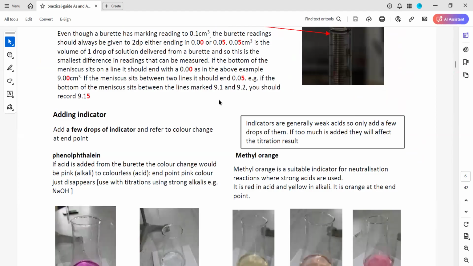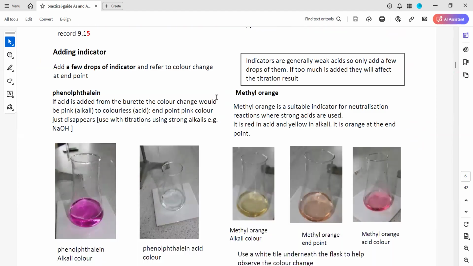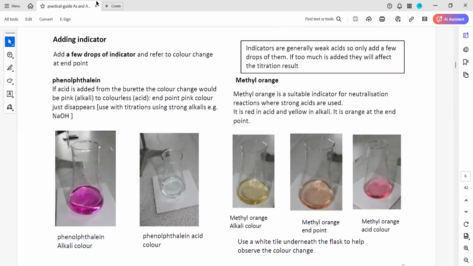Then when we are adding an indicator, usually indicators are weak acids, so we don't add too much. We add usually a small quantity of these indicators. For example, you are adding phenolphthalein. Initially, it's colorless. In alkaline solution, it is pink or purple.